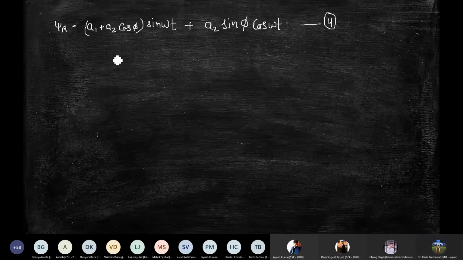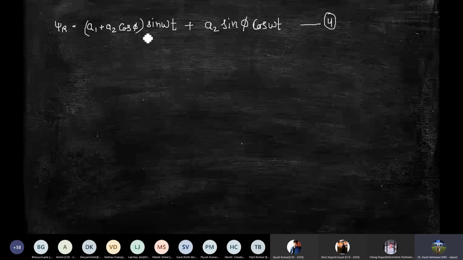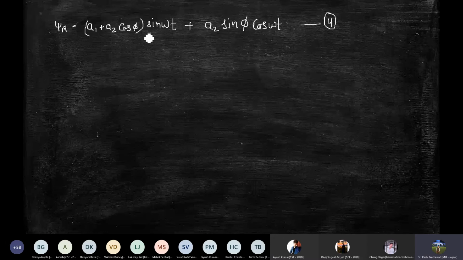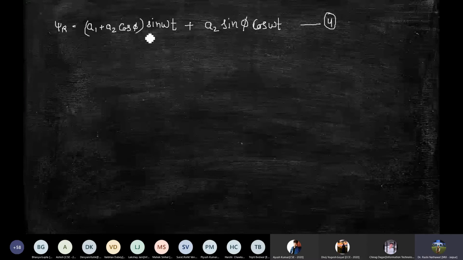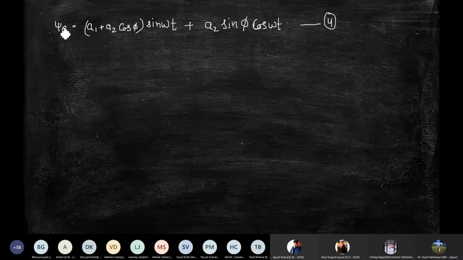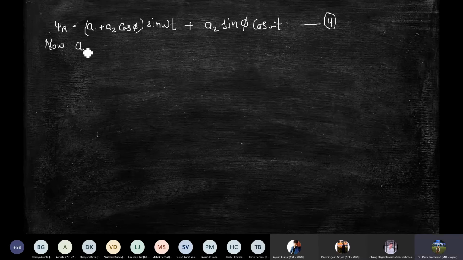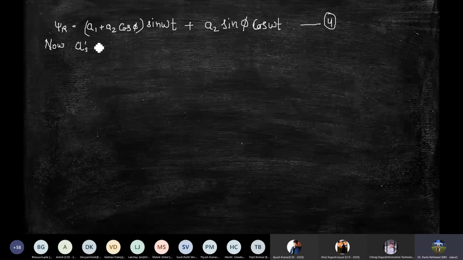Now this A1, A2 and phi are all constant, because A is the amplitude, which will be fixed, and phi is the phase difference, which will again be fixed. I should say A's and phi are constant.